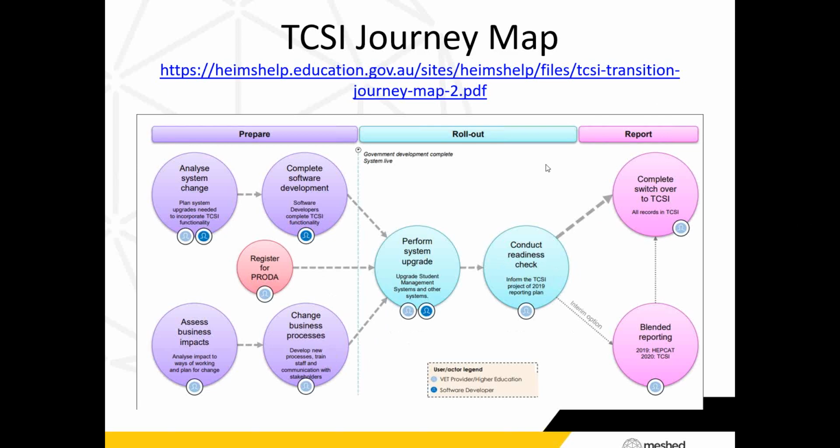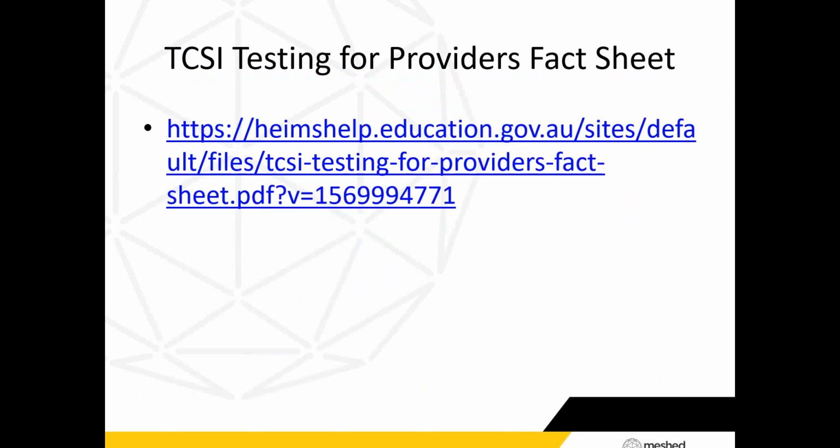Now, on to the next part. This is an important link for you to look at. There is a TCSI testing for providers fact sheet that has been released, and it is available on the HEMS Help website.